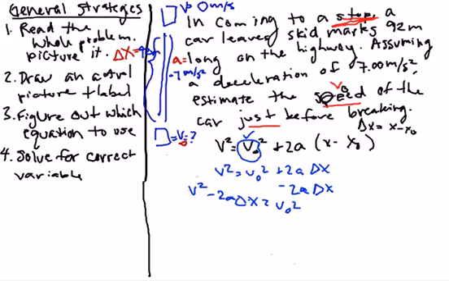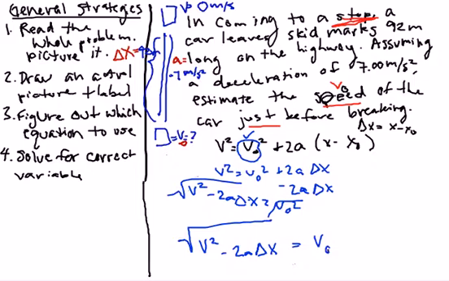And now that we have that squared, we would want to square root both sides. So the final bit would be the square root of v squared minus 2a delta x equals v naught.